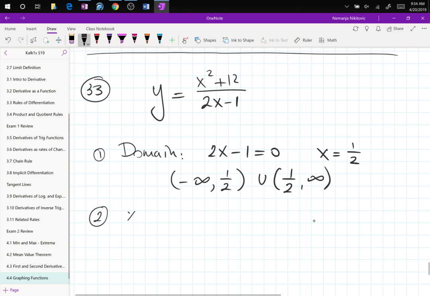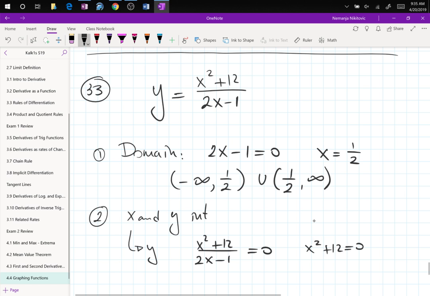Number 2, x and y intercept. For x-intercept, we set y equal to 0, so x squared plus 12 divided by 2x plus 1 equals 0. Cross multiply, we have x squared plus 12 equal to 0, and that has no real solution.